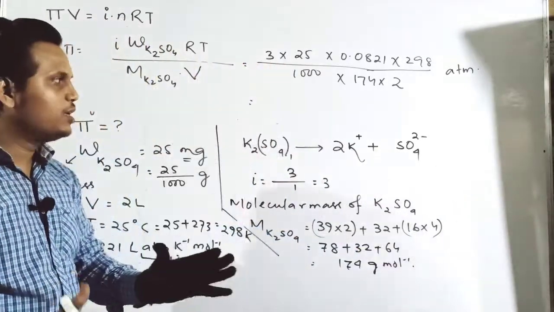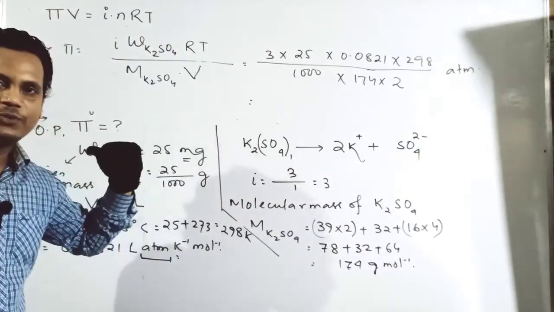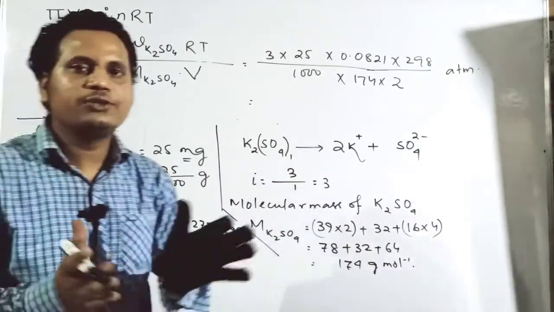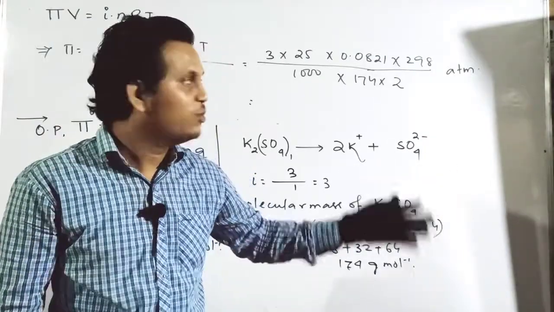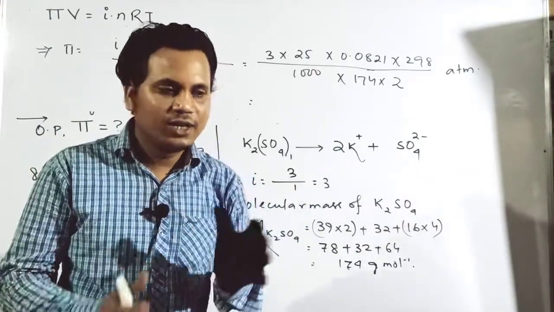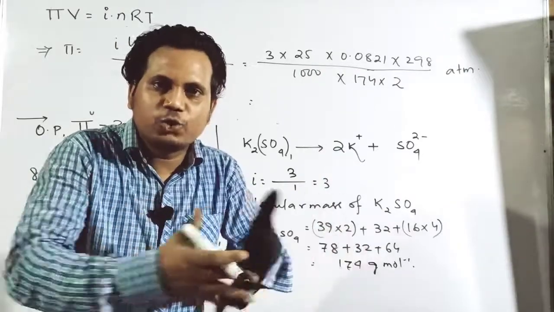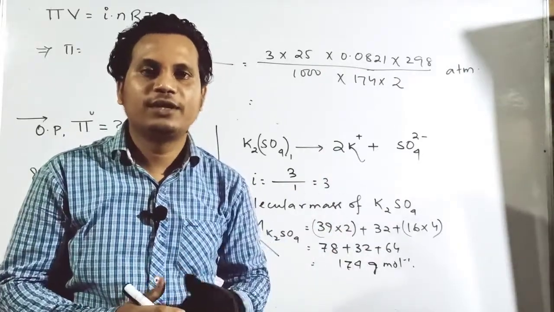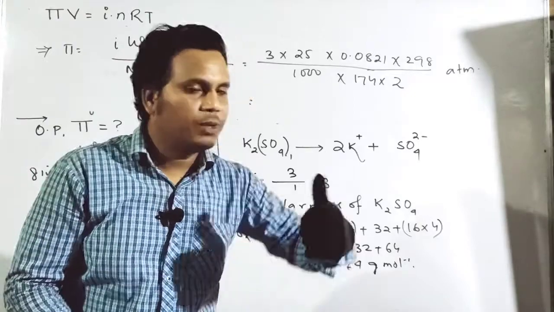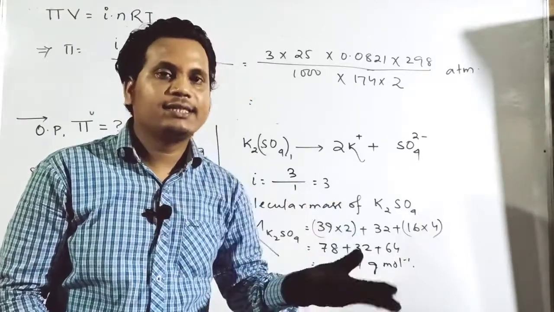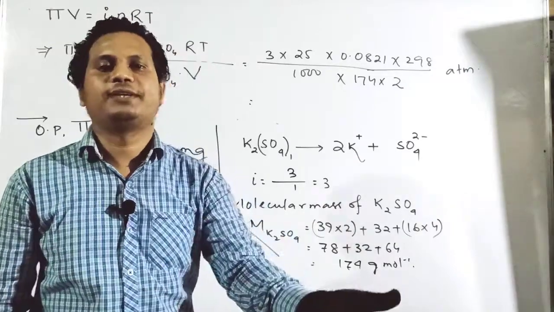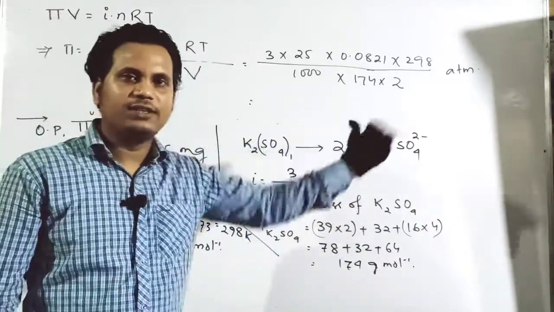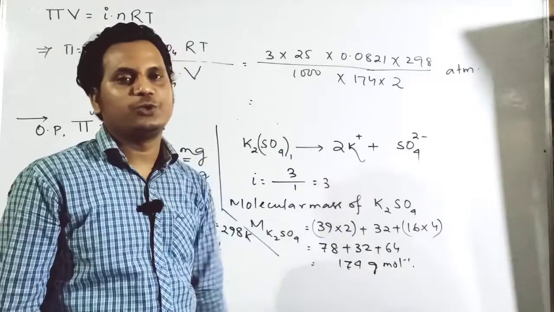So for an ionic compound, i will be greater than 1. And dimerization or trimerization occurs, like benzoic acid in benzene. Two benzoic acid molecules join together to form a dimer. Remember that any acid in benzene dimerizes, as we have seen in the diagram, by hydrogen bonding.